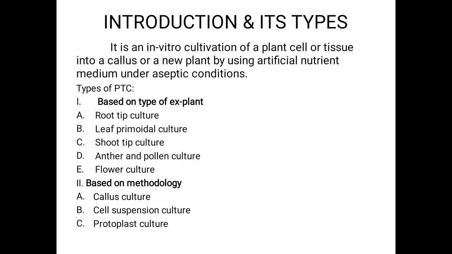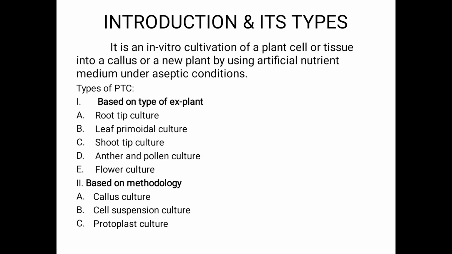So in plant tissue culture, the final product is any one of two, which are either callus or a new plant. So we are going to produce a product called callus or else a new plant, right?